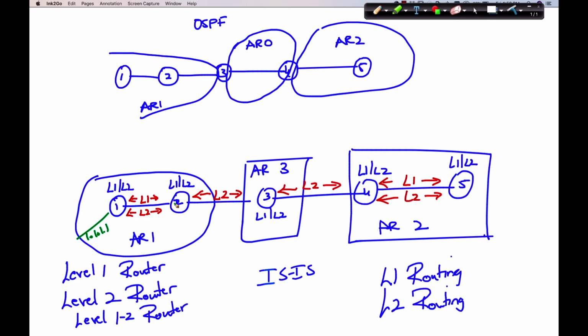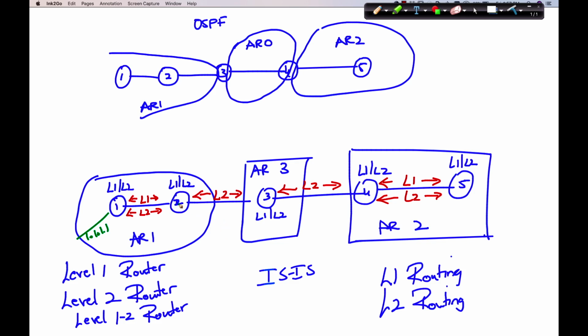Since R2 has two neighbors, router 1 as an L1 neighbor and router 1 as an L2 neighbor, router 1 is going to send him an L1 update and an L2 update. However, router 2 will only prefer level 1 because level 1 is preferred over level 2. So router 2's routing table will only show the level 1 route for 1.1.1.1 as intra area.